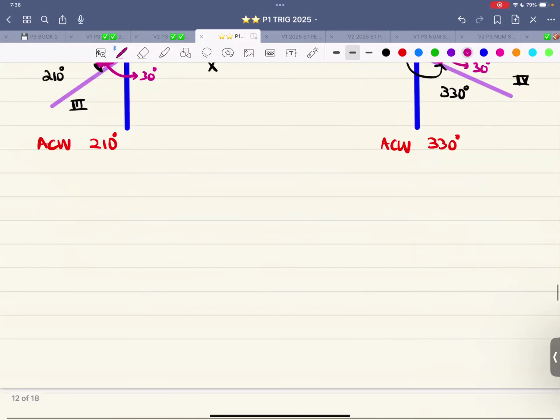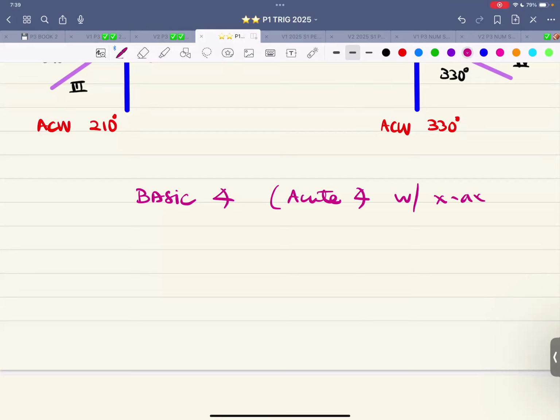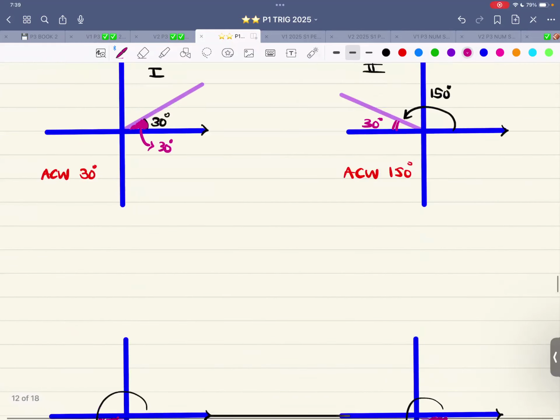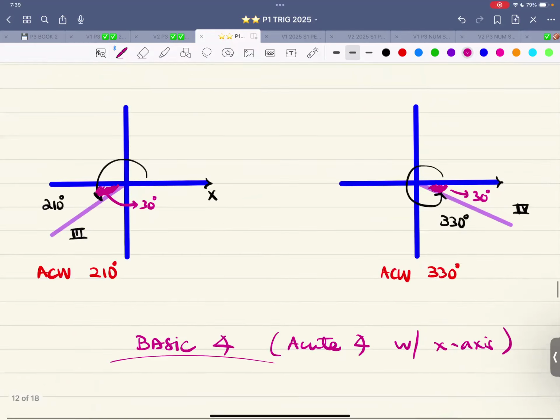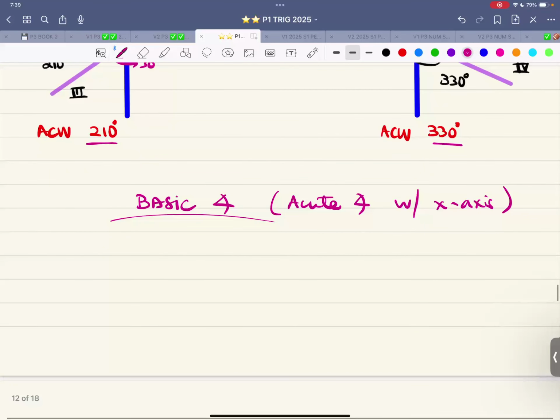That means the acute angle with the x-axis is the same. That is the definition of the basic angle. So in all four of these angles, 30, 150, 210, 330, they have the same basic angle.